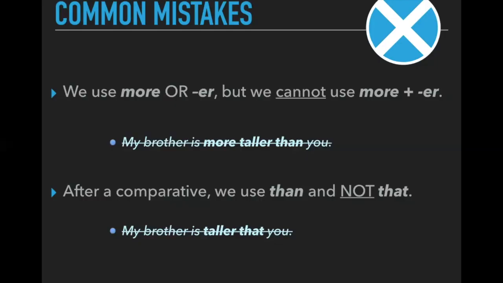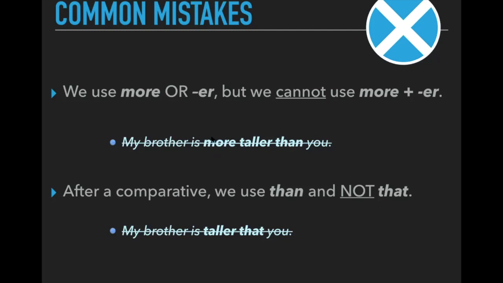Now here are some common mistakes that a lot of people make. We use more or er, but we never use both, more plus er. So it's incorrect to say my brother is more taller than you, because you have more and you have er. So you know how in Spanish it sounds horrible when someone says es más mejor? Well, it's like you're saying it's más mejor, okay?